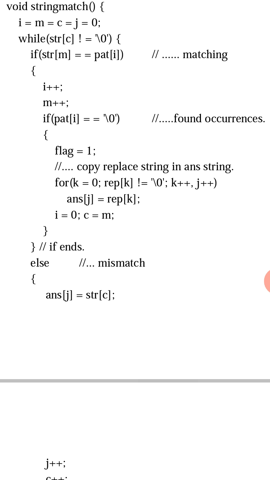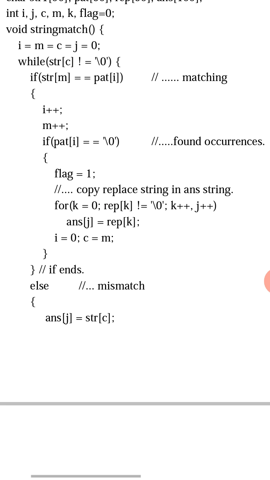there is a possibility that your main string may contain multiple patterns. So in such a scenario we need to replace all patterns by our replacing string. To continue that search, I am again reinitializing the value of i equal to 0.